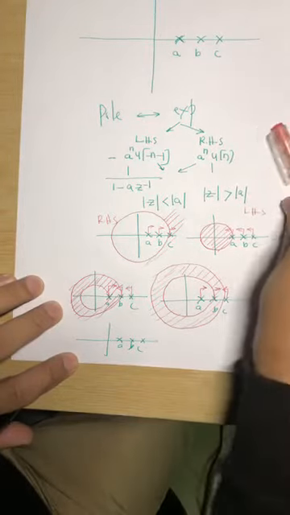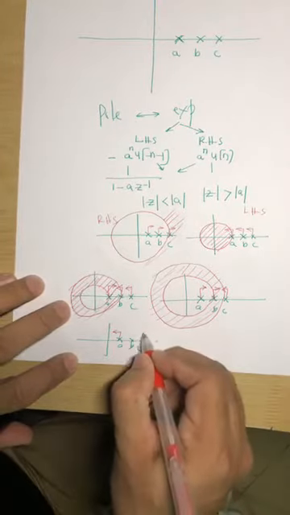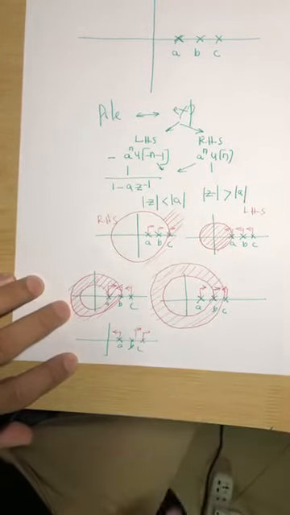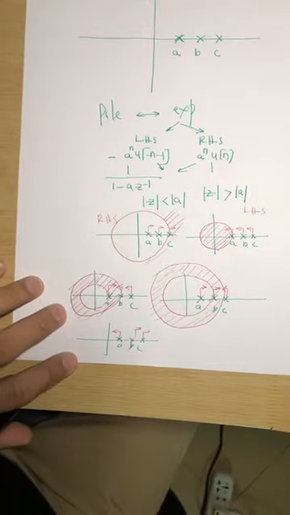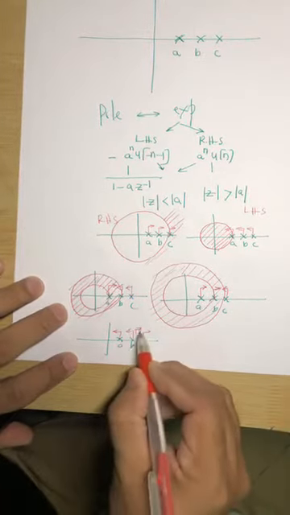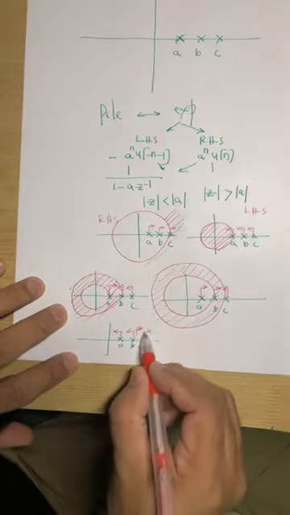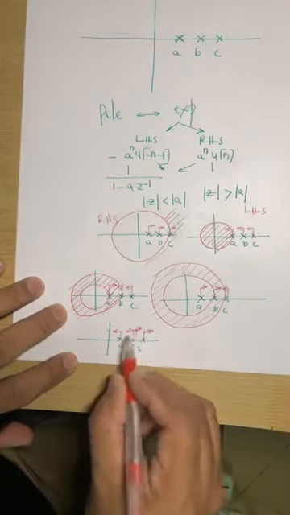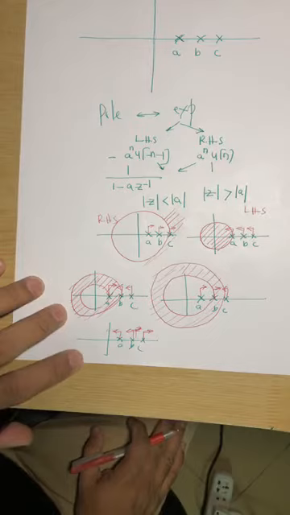For example, if A is left side and B and C are right side, you can see that there will be no intersection, so no region of convergence. Similarly, if A and B are left hand side and C is right hand side, again no. Then if this is right, this is left, this is right, no. So you can figure out many possibilities where there will be no Z transform.